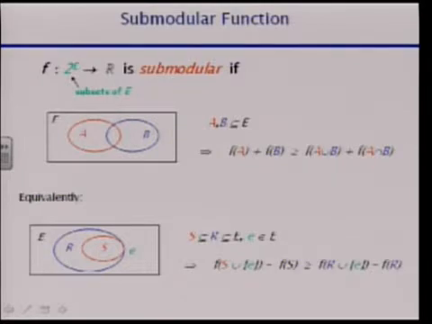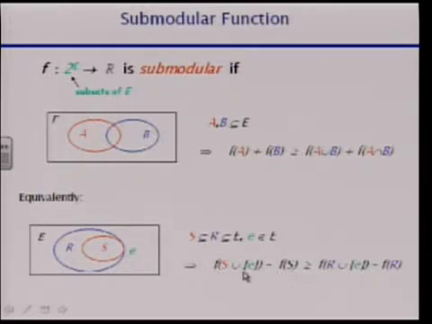Okay? So what we are trying to say is that I already have a function value of S, right? And then if I include another new element in S, I should gain something, right?